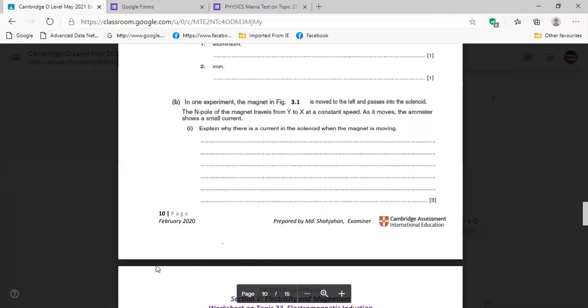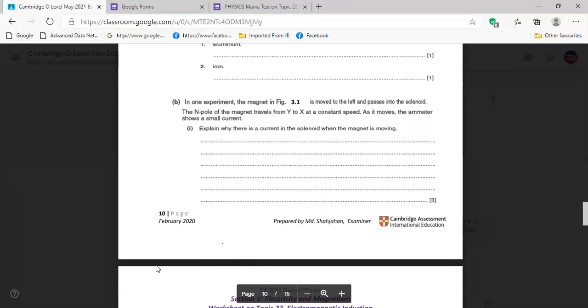Sir, instead of magnetic field lines, can we just write flux? Not even magnetic flux, only flux. Like the motion of the magnet makes the magnetic flux cut by the solenoid. Instead of that, can we just write flux? Yeah, flux means magnetic lines density, isn't it?